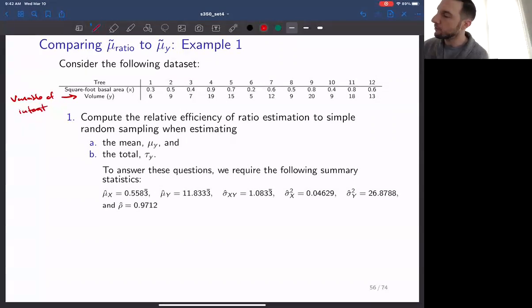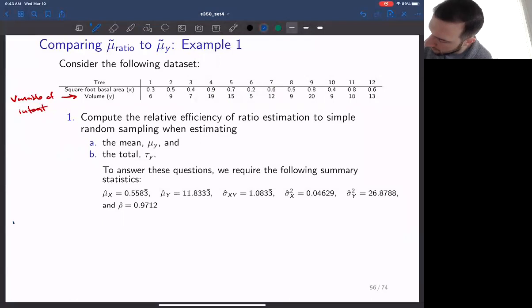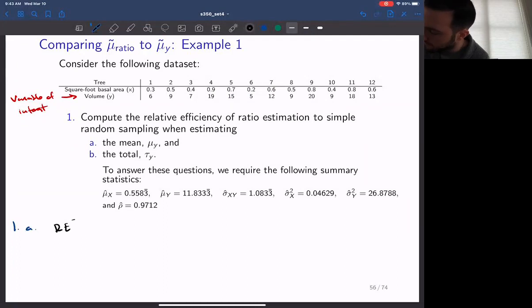We're going to compute the relative efficiency of the ratio estimation to the simple random sampling estimator when estimating the mean and estimating the total. So in 1A, we have the relative efficiency of mu tilde ratio over mu tilde y.